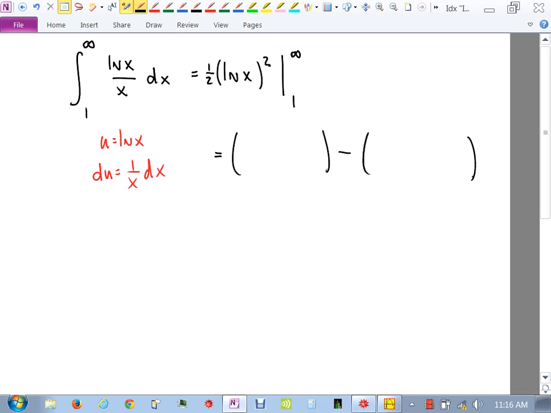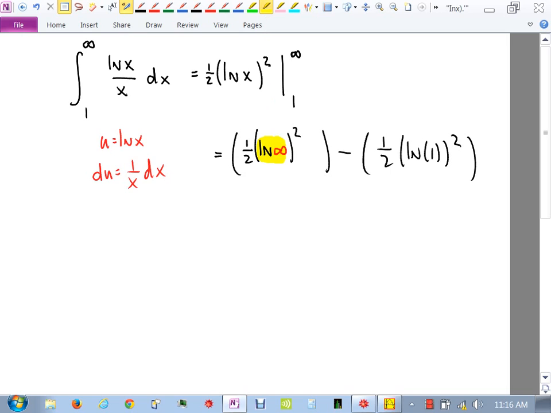So plug in infinity, right? First, you get 1/2 natural log of infinity, squared. And then back here, we're going to have 1/2 natural log of 1 squared. So let's look at the natural log of infinity.